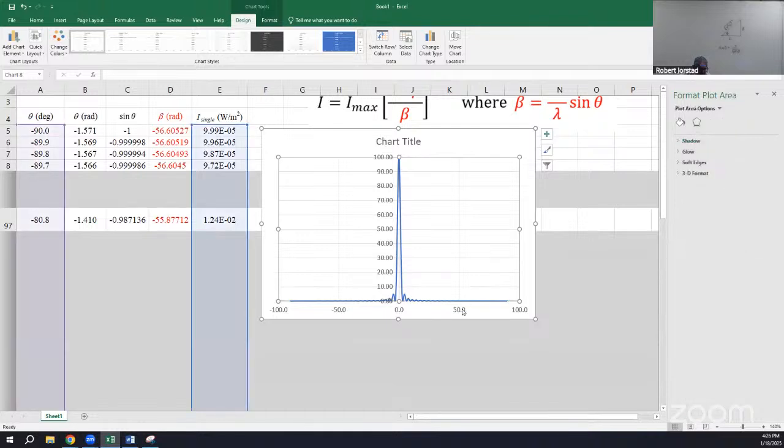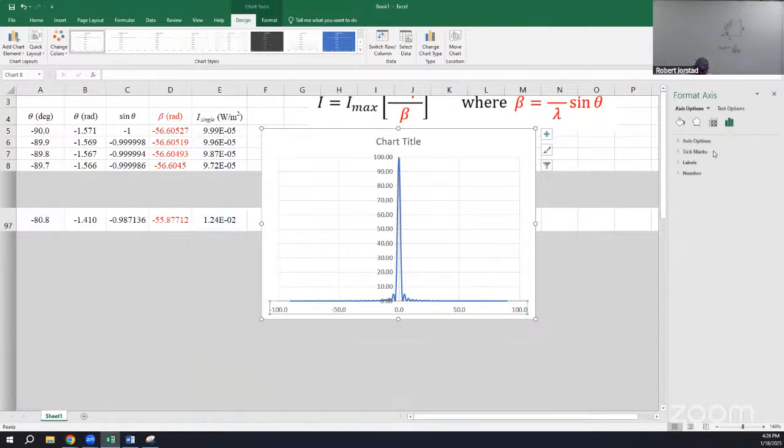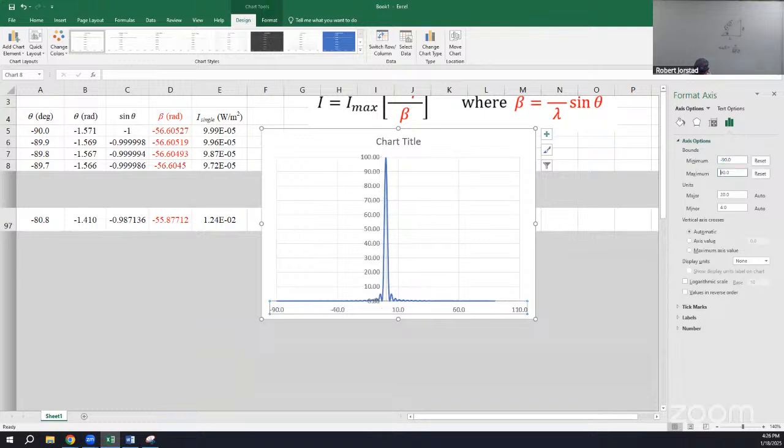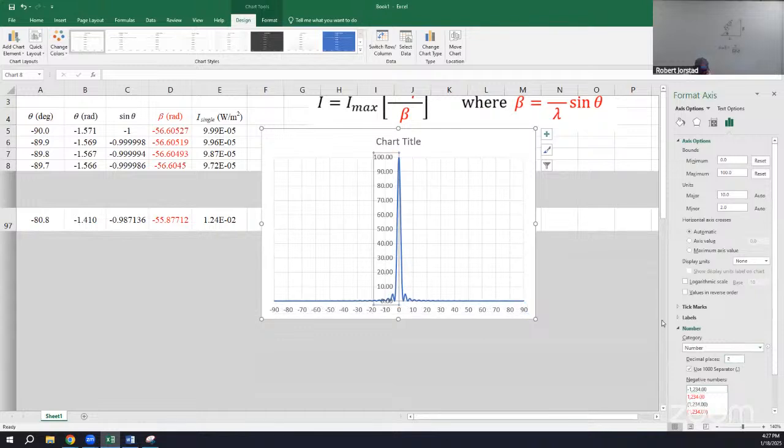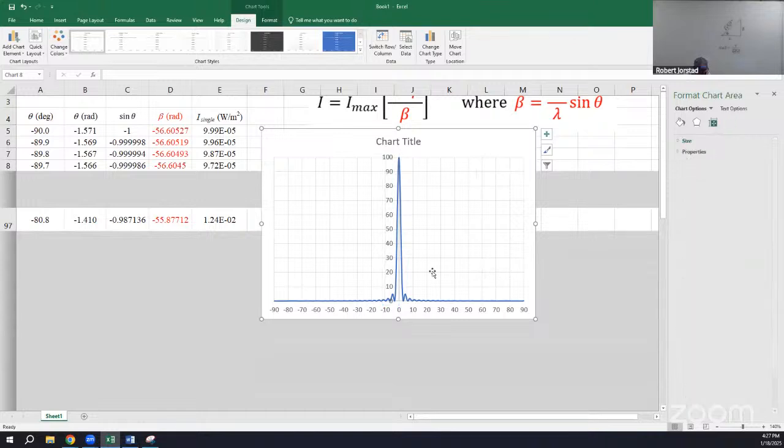All right, and then the angular axis probably makes sense to go from -90 to 90 by 10s. We could have this be by 5s. And then just so I can see things a little better, let's cut the decimal numbers.